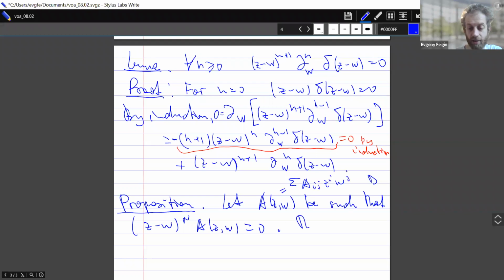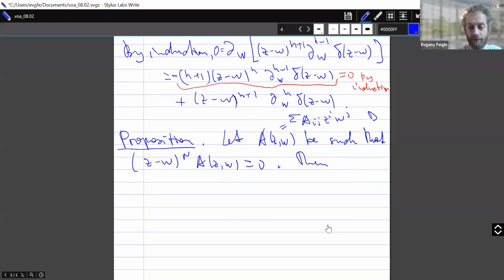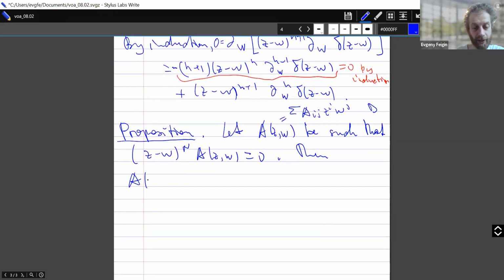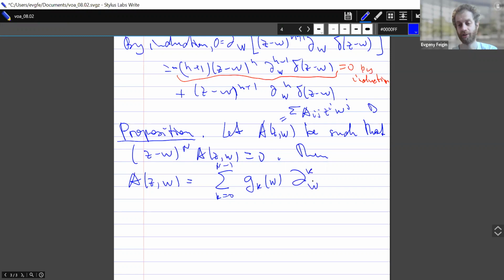So then A(z,w) is equal to the sum k from 0 to n minus 1, g_k of w, times the kth partial derivative with respect to w of the function delta z minus w.